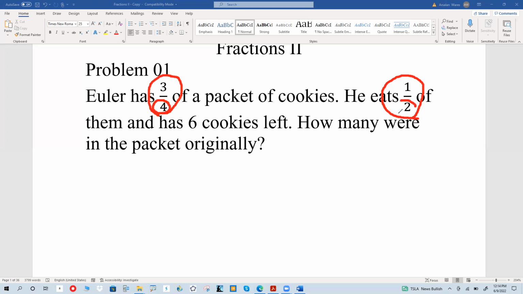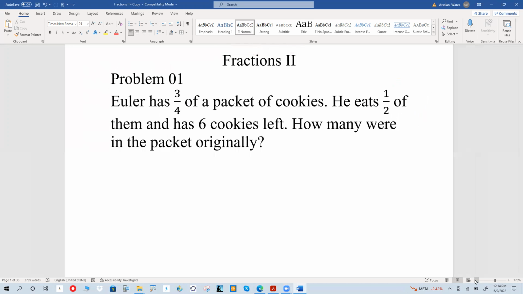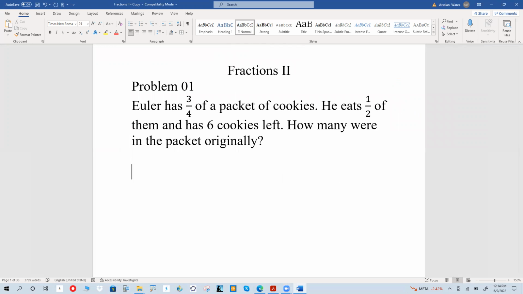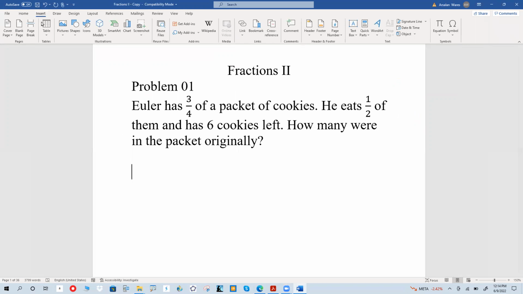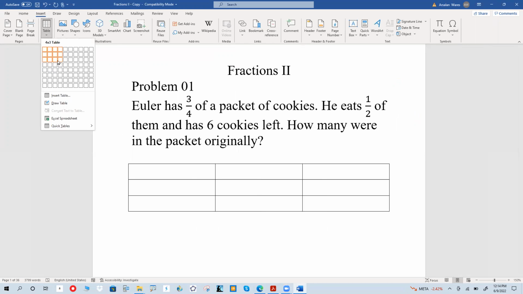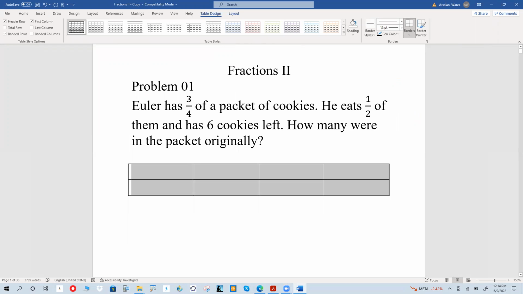And you're going to soon see why that's not a bad choice. So I'm going to say this was the packet. How I orient my 2 by 4 rectangle does not matter.